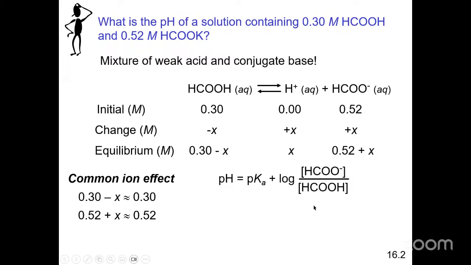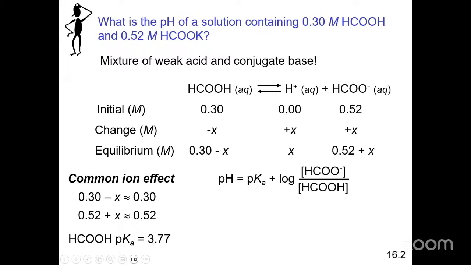And of course, by rights, you should calculate the percent dissociation. But I can confidently tell you that the percent dissociation is definitely less than 5% in this case. So all we have to do is plug the numbers in. Of course, we need to find out what the pKa value is. So you'd have to go to the tables and look up the Ka value for formic acid and do minus log of that.